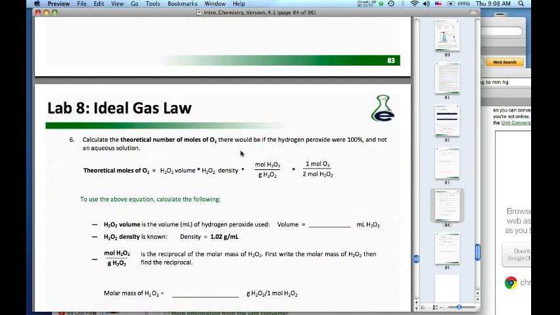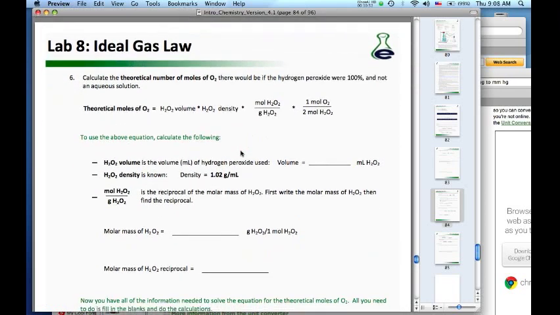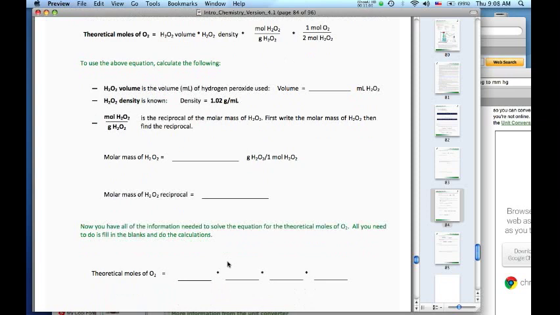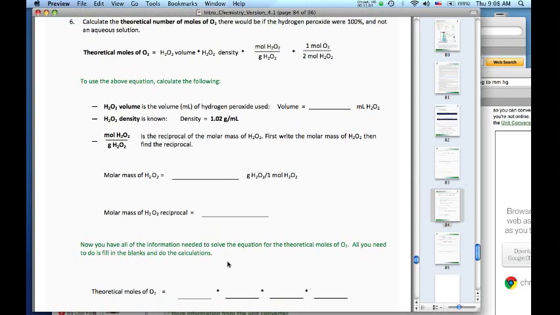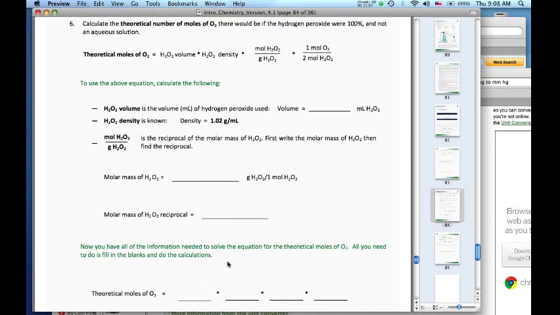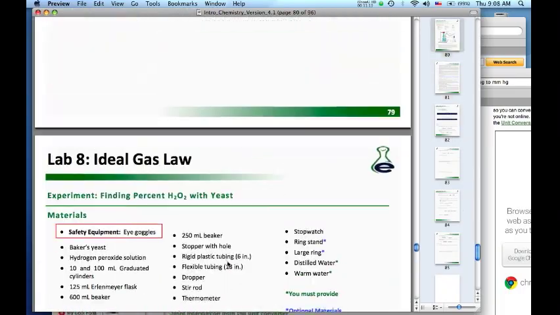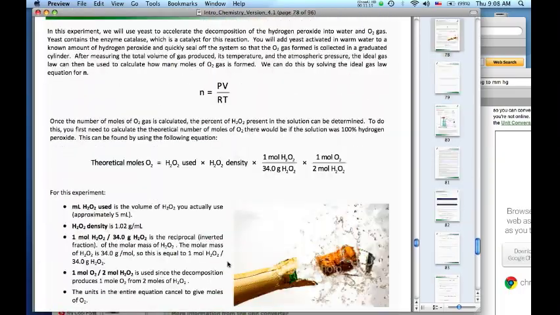And now let's go into here. The molar mass, remember, was up there. It was 34, and 1 over 34. And the theoretical moles of O2. This is assuming 100%. If you remember, there's the equation back up here, and we went over it in the exercises.